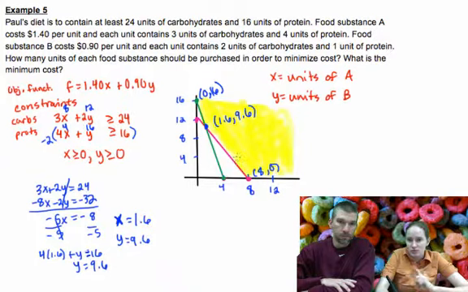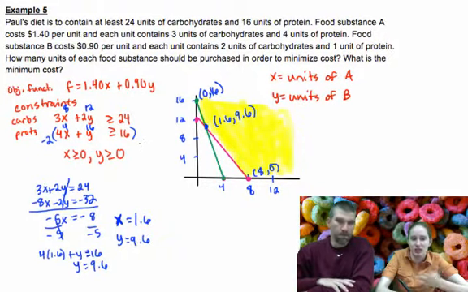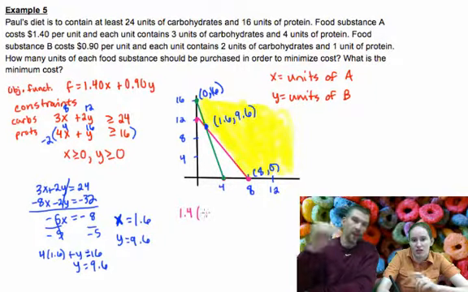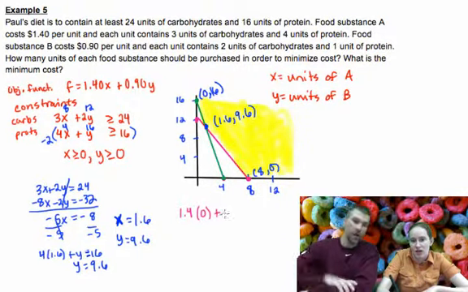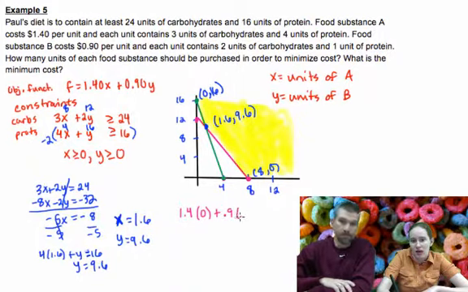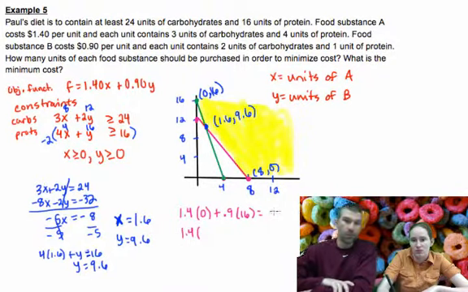So now we want to plug these 3 points in and see which one gives us our minimum cost. Typically my guess would be that one, but you never know. You've got to check them all. It's usually going to be one of the corner points somewhere in that first quadrant, and usually, but not always, not on an axis. So 0.9 times 16 is 14.4.